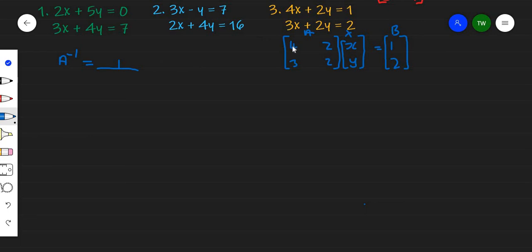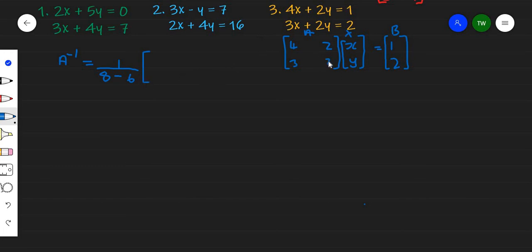Now it's going to be 4 times 2. So the main diagonal, the product, 4 times 2, that's going to give us 8. So it's going to be 8 minus 3 times 2, that's going to be 6. Alright, times the adjoint of A.